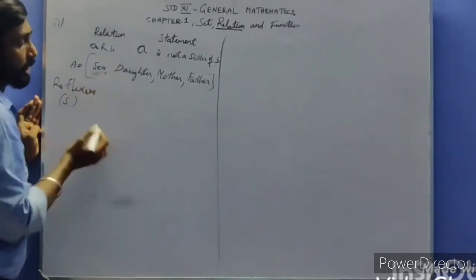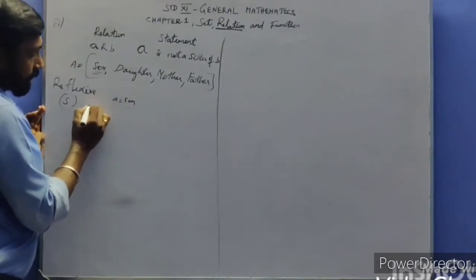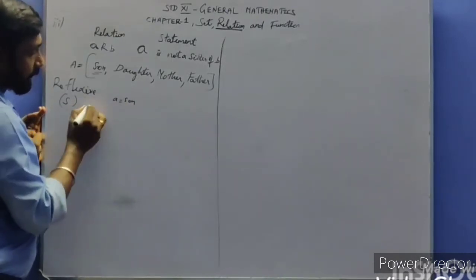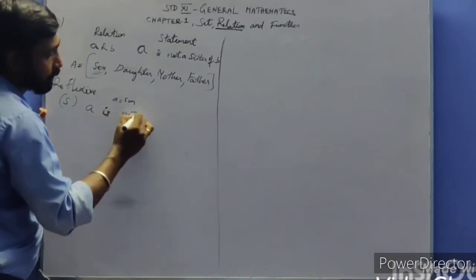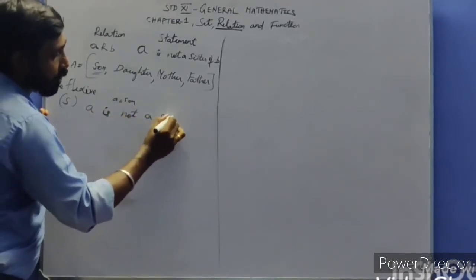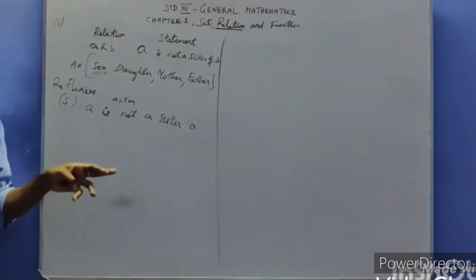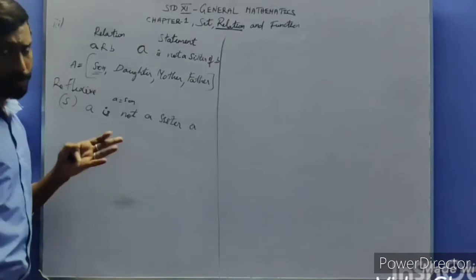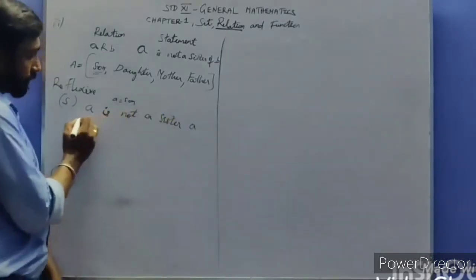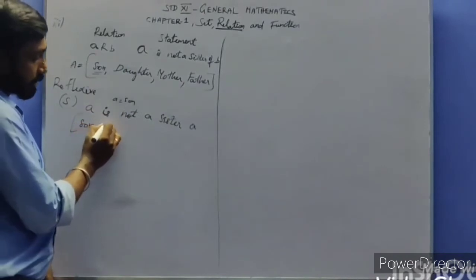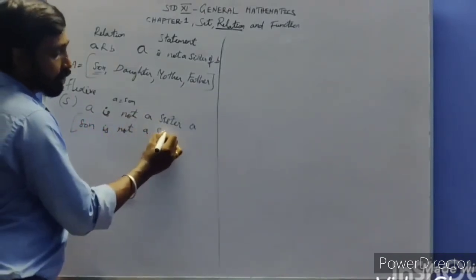If I take A equal to son, then the statement is: A is not a sister of A. It is not possible, because A is not a sister of A. For example, son is not a sister of son.